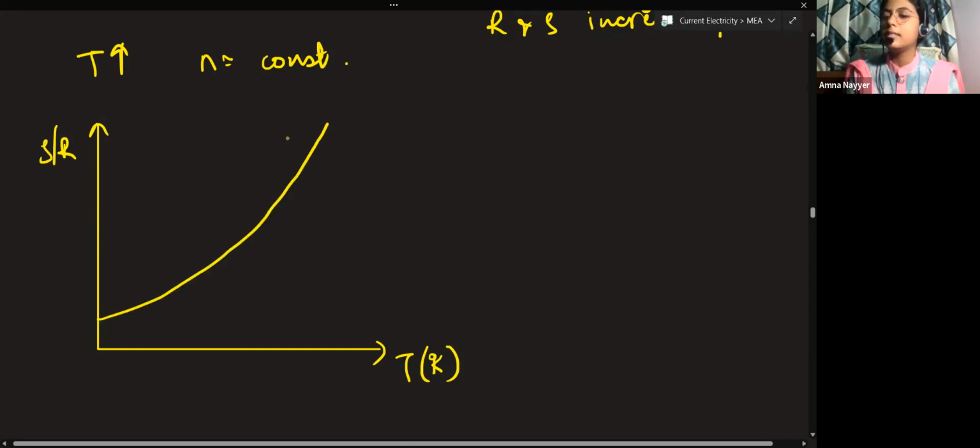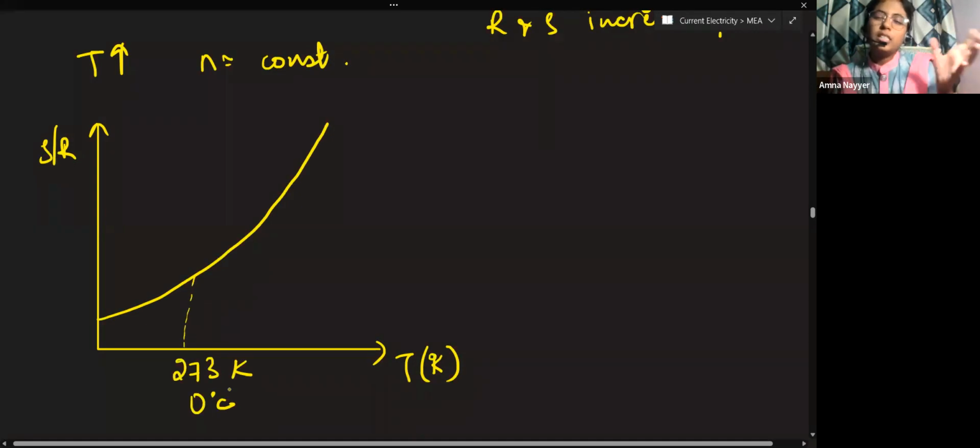It increases in this manner. At a temperature of 273 Kelvin, which is basically 0 degrees Celsius, the variation is very minimum.